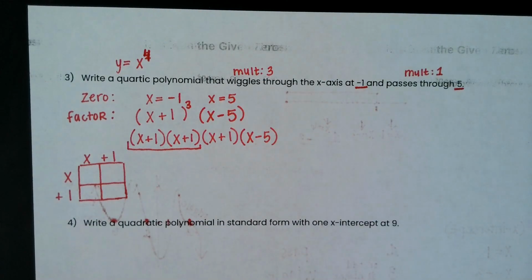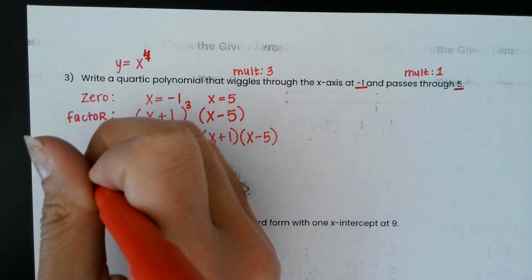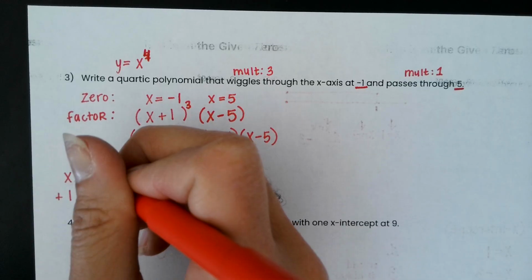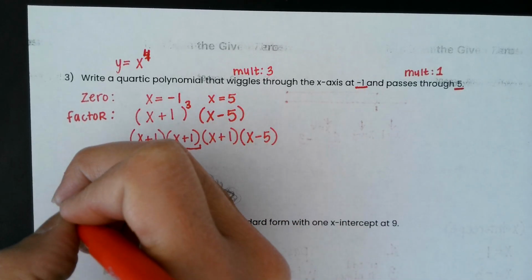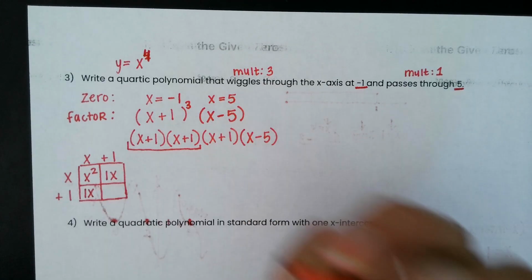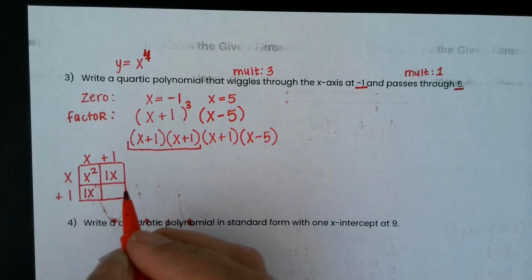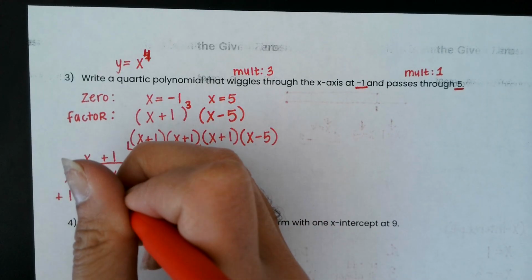So we've got x times x is x squared. 1 times x is 1x. This is also 1 times x, so another 1x. And then 1 times 1 is 1. Very good.